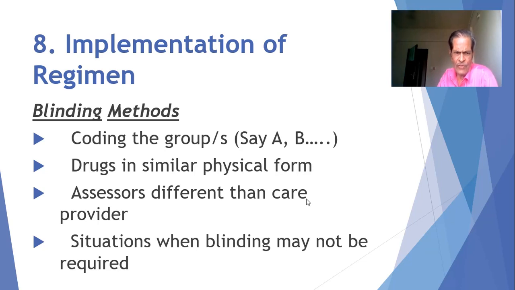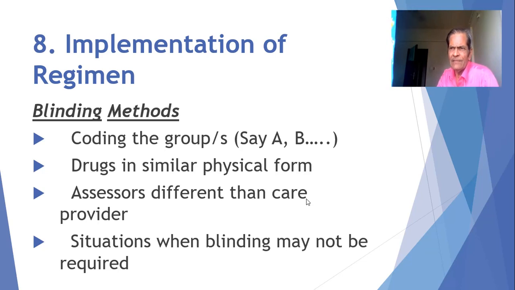Then there could be situations when blinding may not be required, or may not be possible. For example, the previous drug was given intramuscularly, and now a new drug or new formulation has come which can be given orally. So here the routes of administration are different. In the experimental group it is oral administration, and in the control group it is intramuscular administration.